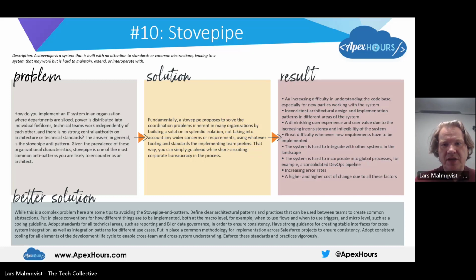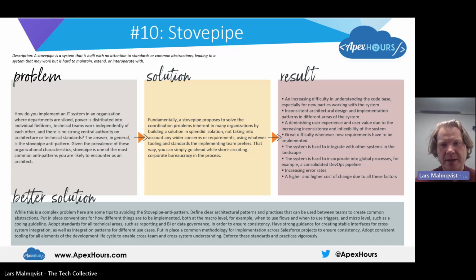So, the Stovepipe anti-pattern aims to solve the coordination problems that inevitably occur within organizations by building a system in isolation so that we just bypass all of the corporate bureaucracy and any standards for tools and similar, right? So we probably get an IT system pretty quickly. It probably generates value locally in the department where it is being developed. However, it leads to really unfortunate long-term consequences.